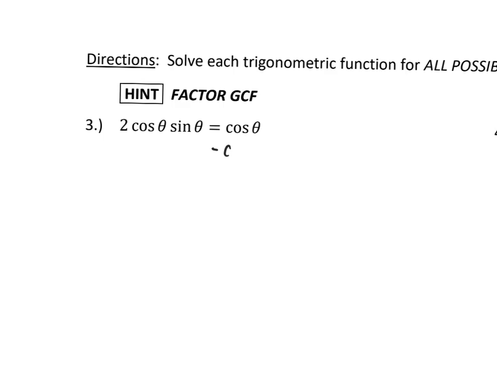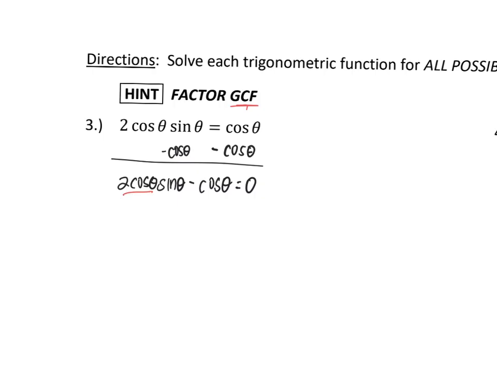So I'm actually going to get all of the terms on one side. And I'm going to write this as 2 cosine theta sine theta minus cosine theta equals 0. Okay. And then I'm looking for a GCF, something common between both these terms.